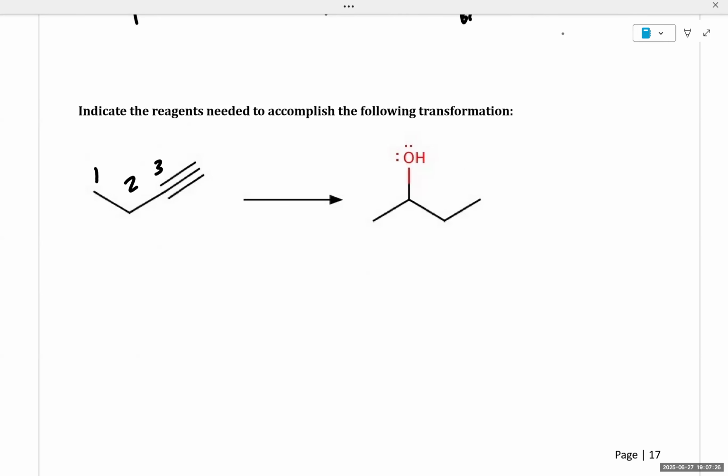I'm going to put some carbon labels down just for your reference here. And I'm going to rearrange these carbon labels to give you a bit of a hint. So pause the video, work through this example, and then we'll discuss momentarily.